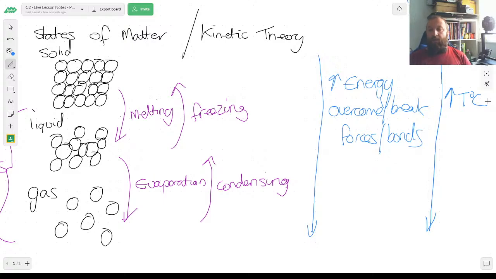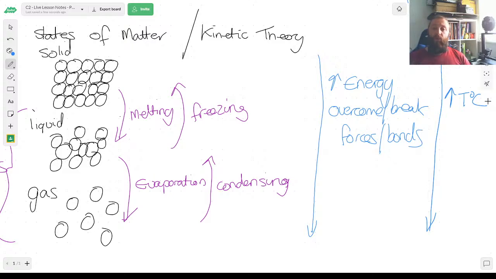So there is a direct correlation between the temperature, the energy, and the speed the particles are moving. So if we increase the temperature, we are giving those particles more energy. We are transferring energy into them. Remember, we can't make or destroy energy. So we're taking it from one place and we're transferring it into those particles. And whenever we give particles energy, they will start vibrating or they'll start moving faster.